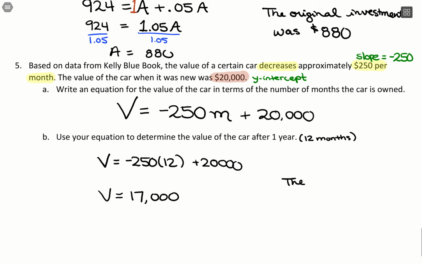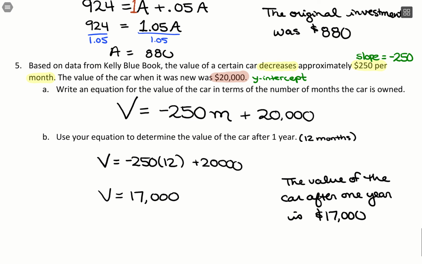So the value of the car after 1 year is $17,000. So with these equations, look for that rate of change and that starting value, and that'll fit your equation for the slope-intercept equation of the line. And that does it for our practice final.